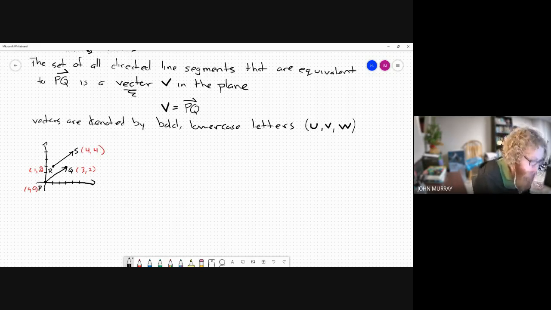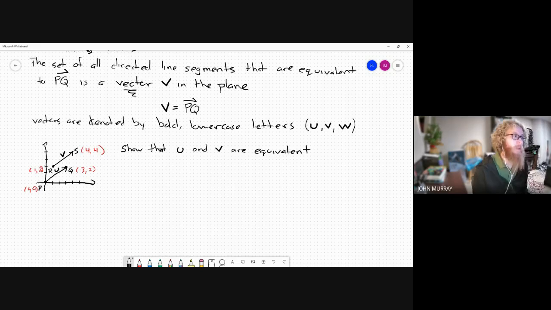All right, so we are going to show that our vectors U and V here are equivalent.